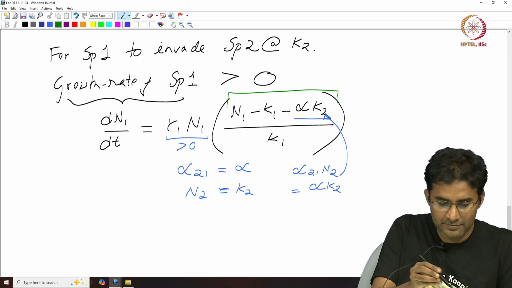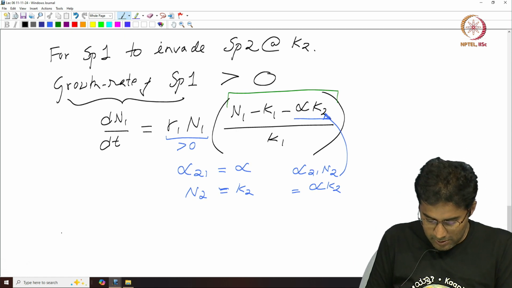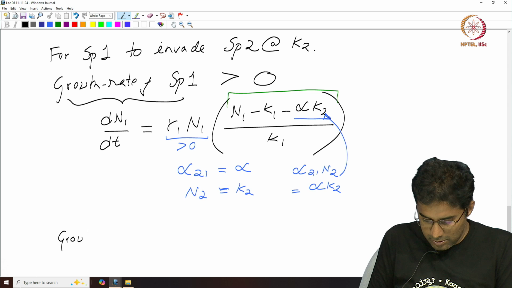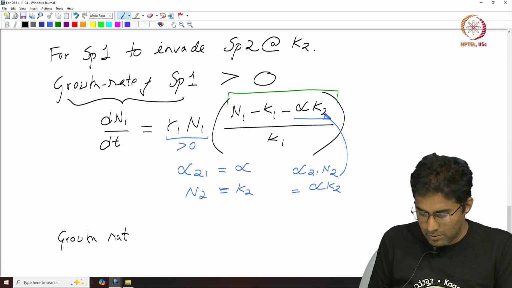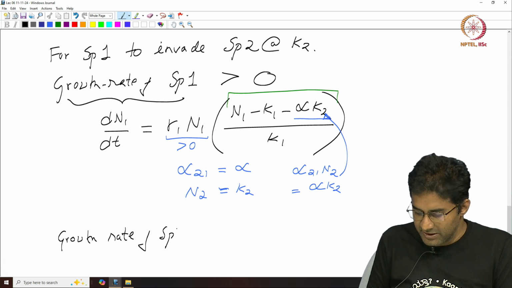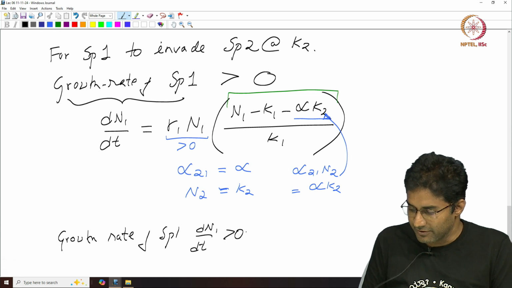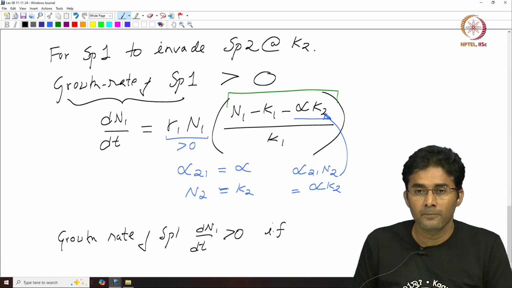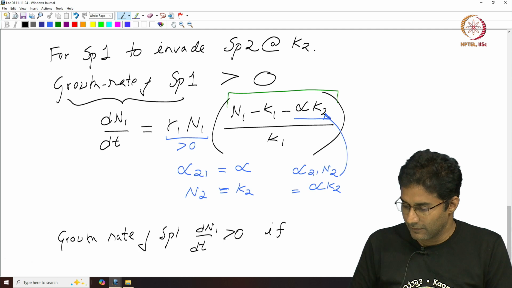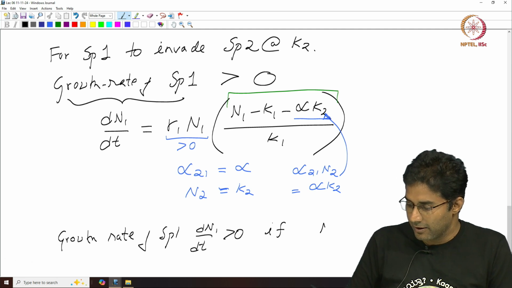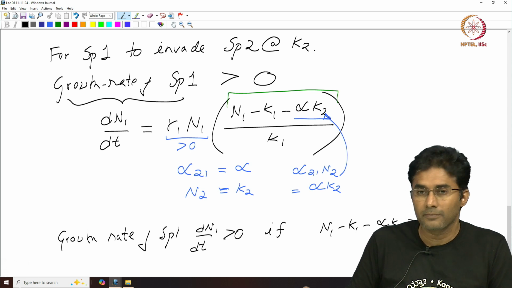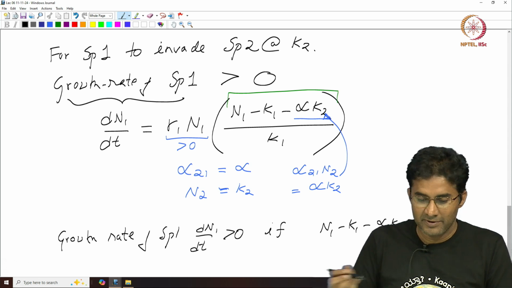In other words, the growth rate of species 1, dN1 by dt, is positive if K1 minus N1 minus alpha K2 is positive.